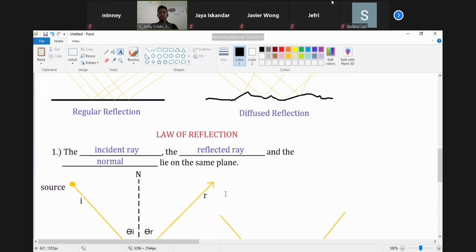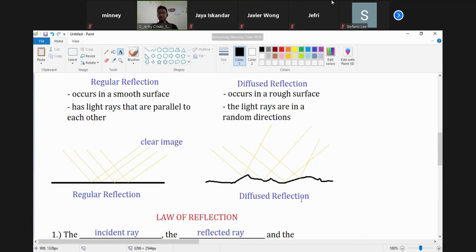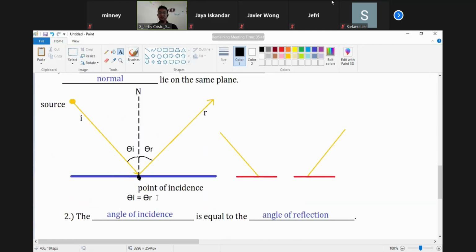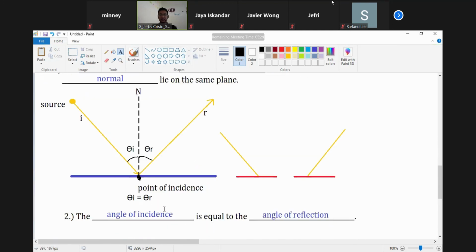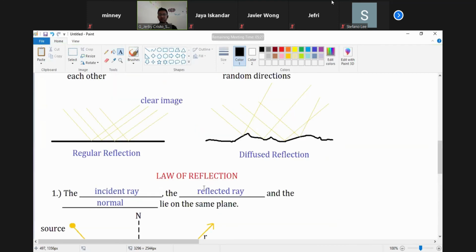Is this applicable to diffuse reflection? That the angle of incidence is equal to the angle of reflection? Because in here we can easily tell, as both the reflected rays and the incident rays are parallel, that the angle of incidence is equal to the angle of reflection. But how about in diffuse reflection? Are they equal? Yes, they are still equal because the normals in this type of reflection are also in random directions.